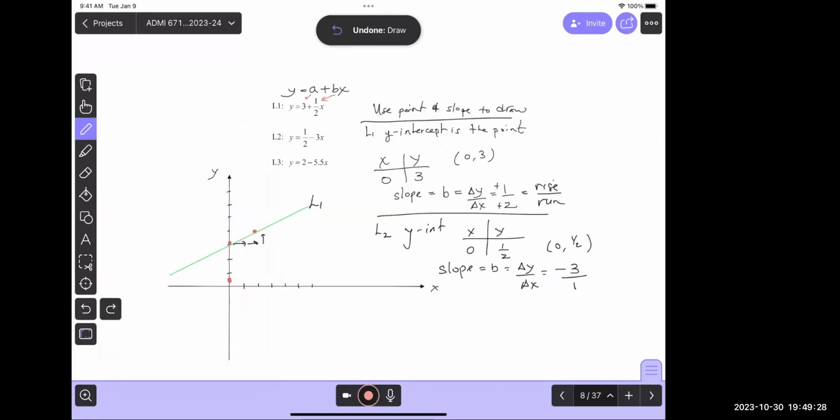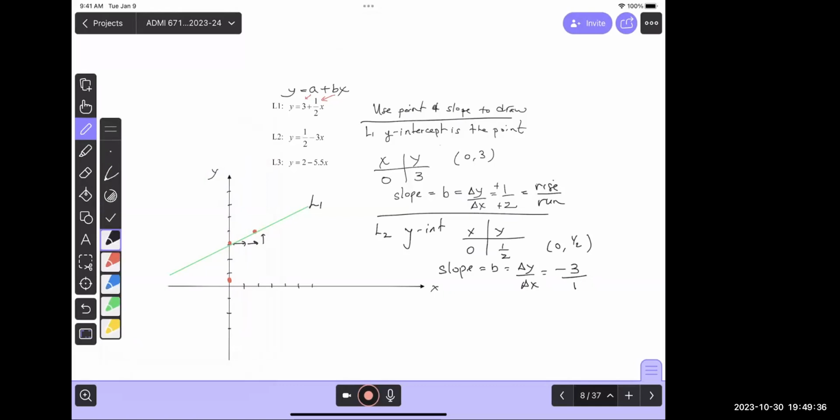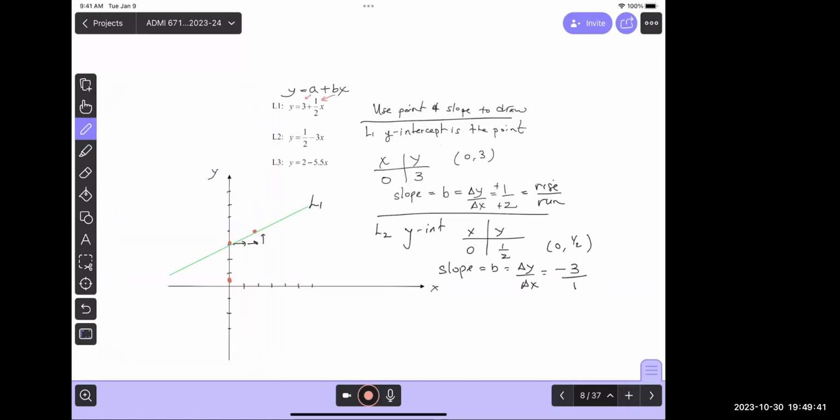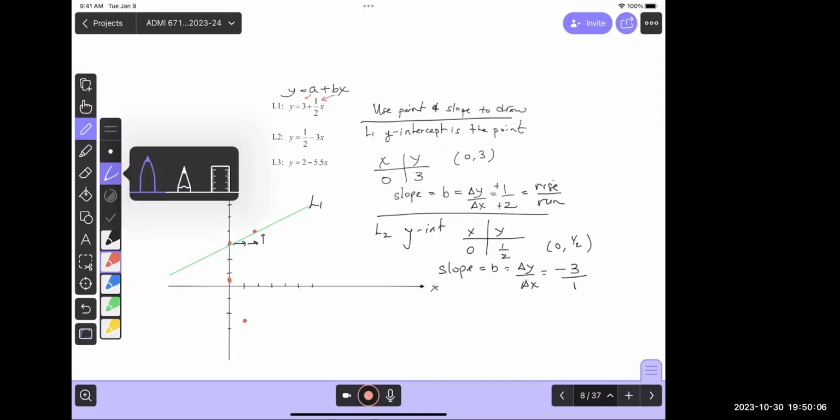I'm going to keep my scale. So it's going to go down 1, 2, 3. So it's going to be here. It's a little bit confusing because you're at the half mark. So you're going to go down 1, 2, 3, and over 1. So that will be the next line. That's line number 2.